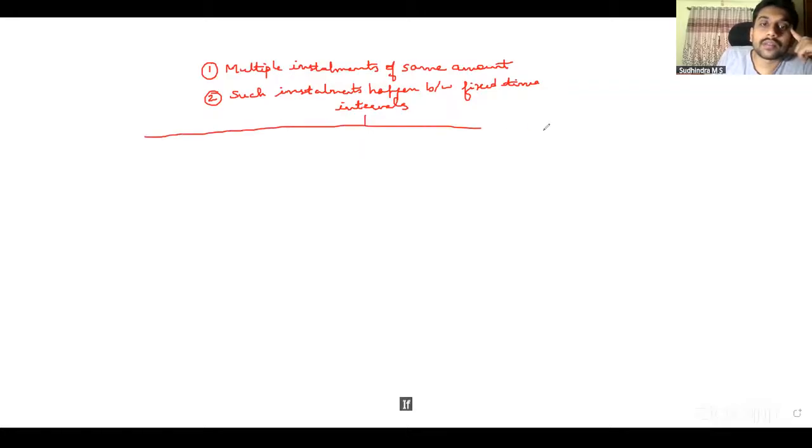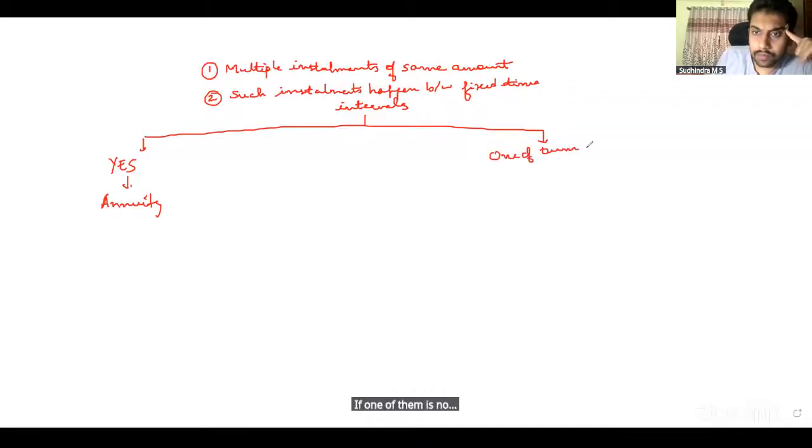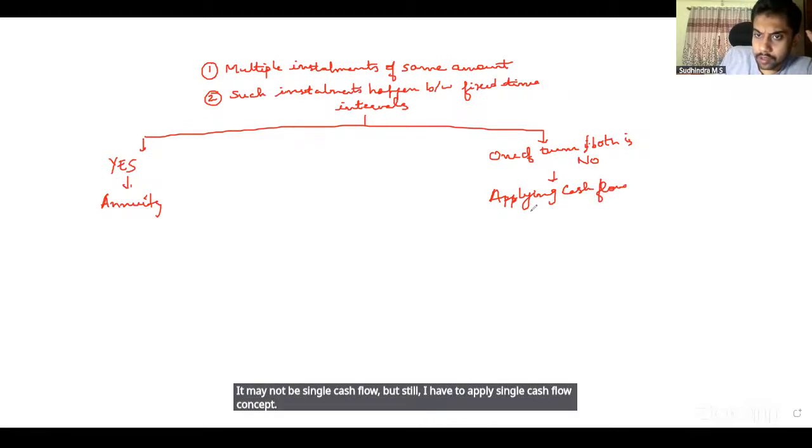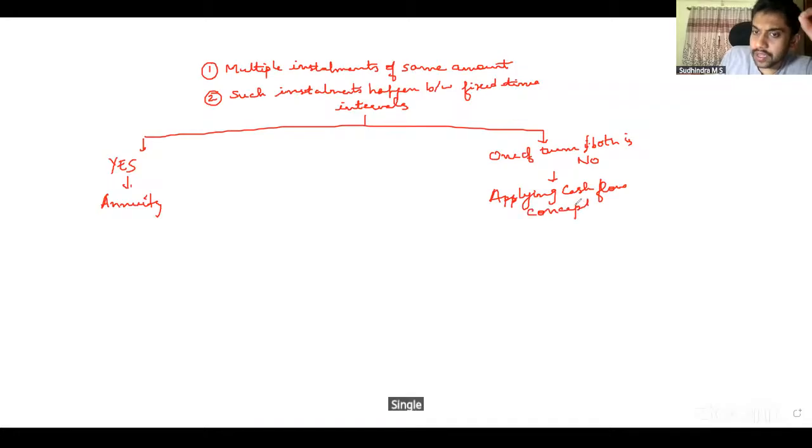If the answer for both is yes, then it is annuity. If one of them or both is no, then we apply the single cash flow concept. It may not be a single cash flow, but still I have to apply the single cash flow concept, meaning the normal compound interest formula.